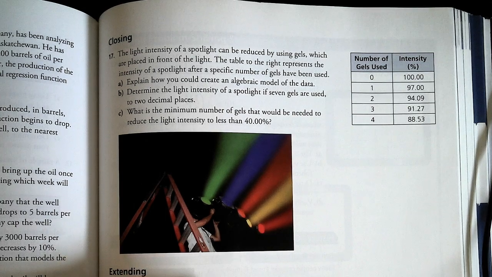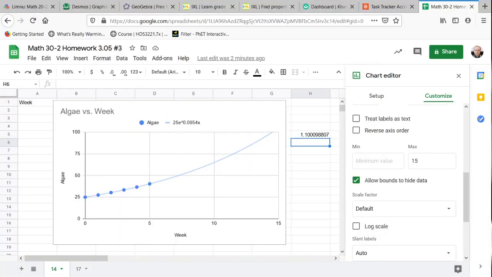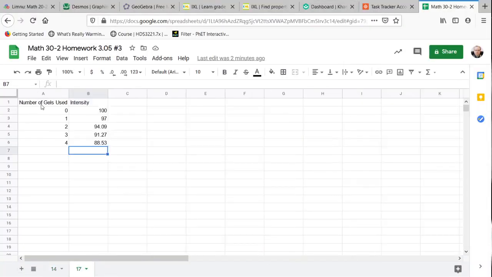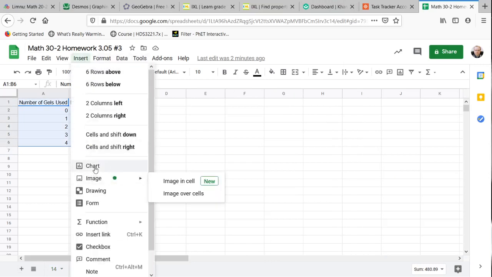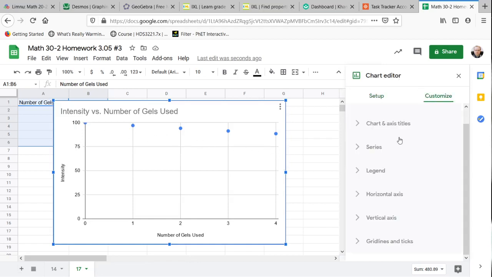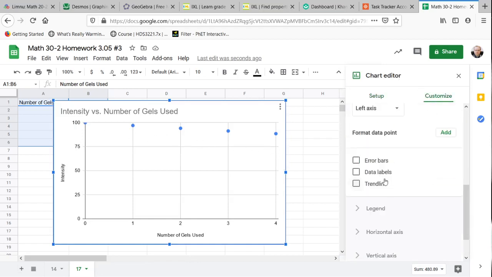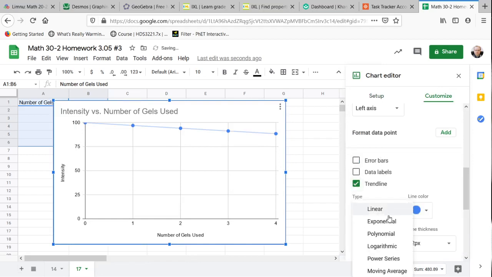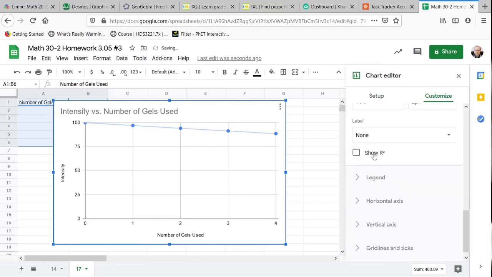So again, we will come here. So the number of gels used, you see that is tapering off here, but very, very slowly. So we do want to add our exponential trend line.